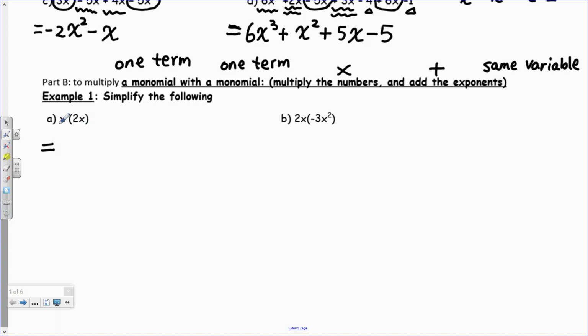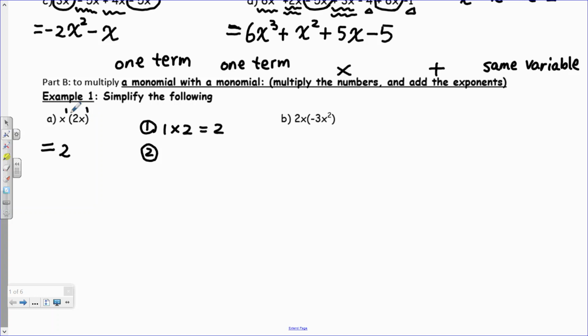So for this one, first multiply the numbers. No number in front of x means 1. So 1 times the number in front of the other term, which is 2, gives you 2. This is one operation. The second operation is that you have the same variable, and the degree by default is 1.